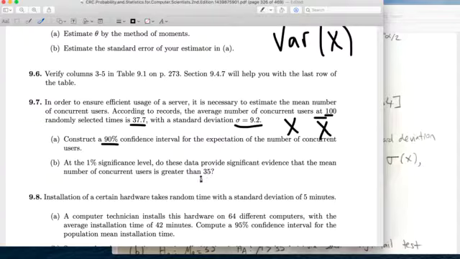So we have a hypothesis testing in part B. The null hypothesis will be that the mean number of concurrent users mu is equal to 35, and we have a right tail test here, because it says the number is significantly greater than 35.